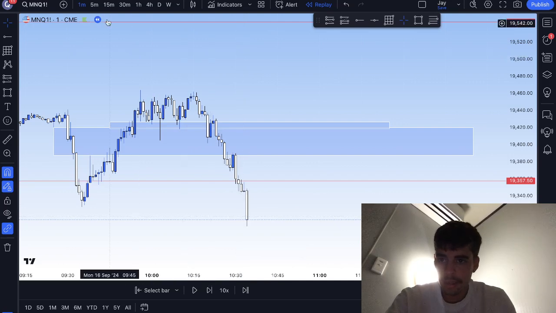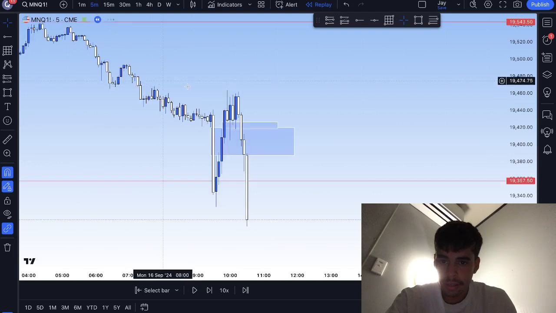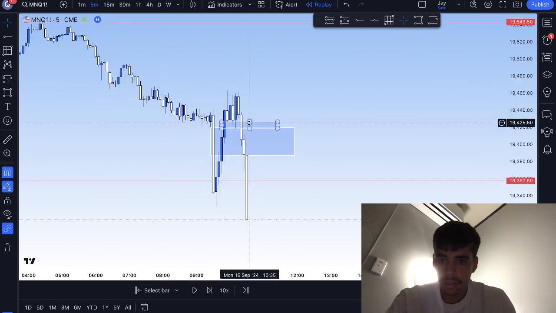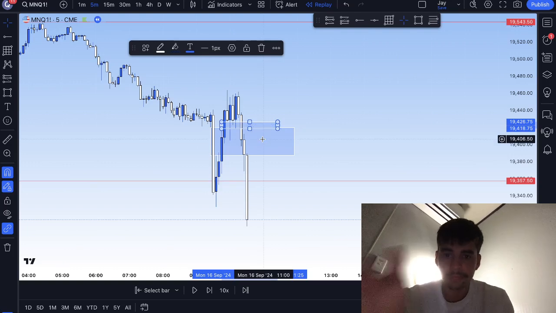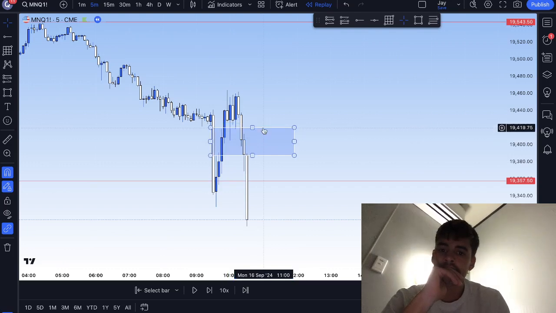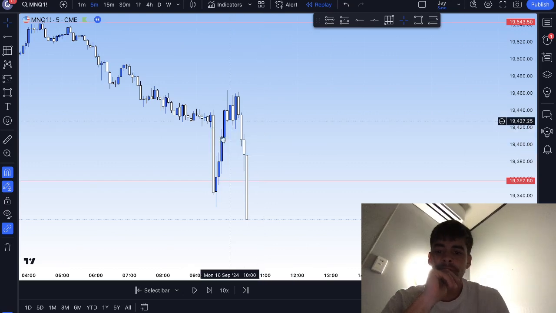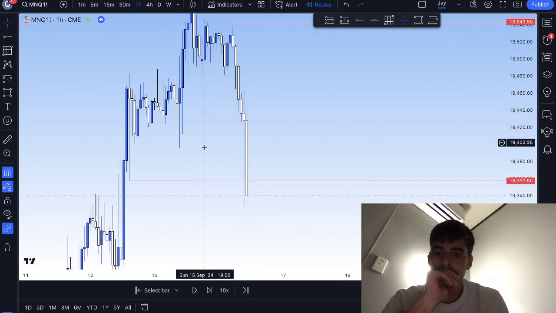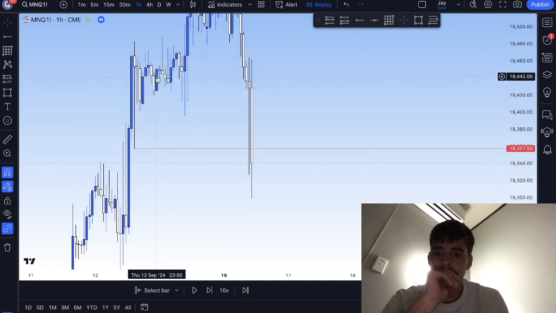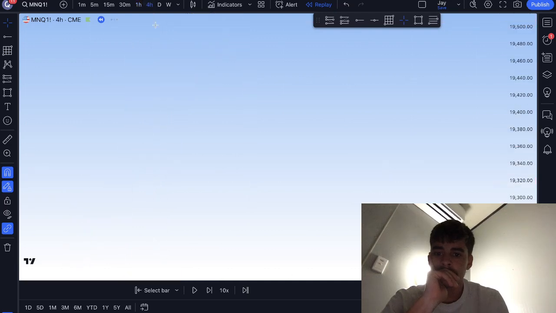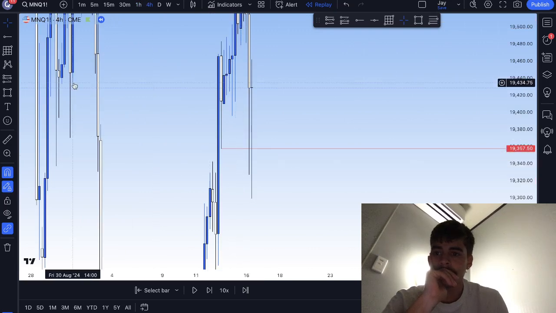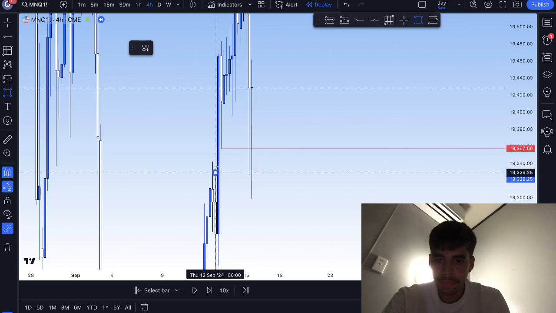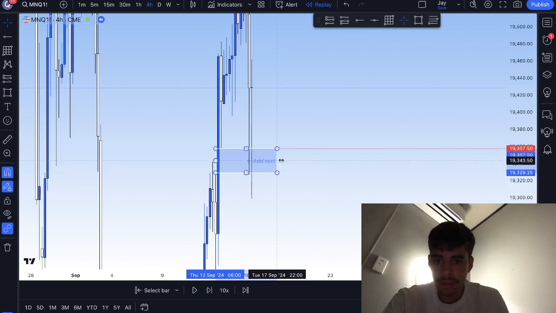Interesting. Very interesting. We're in that 4-hour fair value gap still, but we've just pushed deeper and filled it completely.